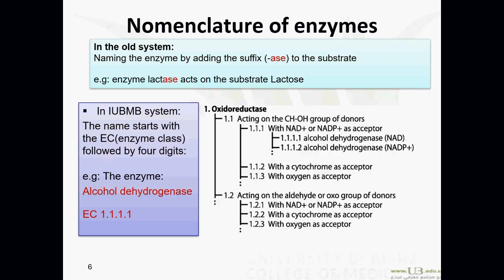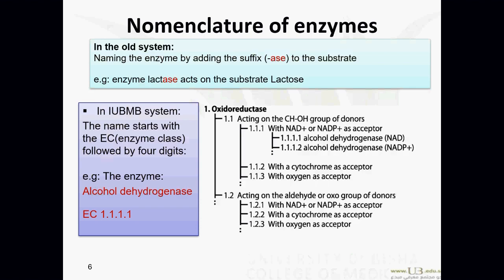If the enzyme is activated by the cytochrome group as the acceptor of the hydrogen ion, then it will be 1, 1, 2 in this third digit. So this will be 2. It stands for the cytochrome as acceptor of the hydrogen ion which is split from the substrate.